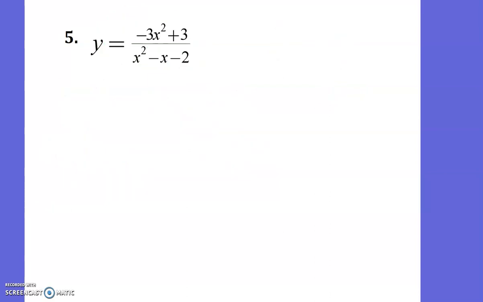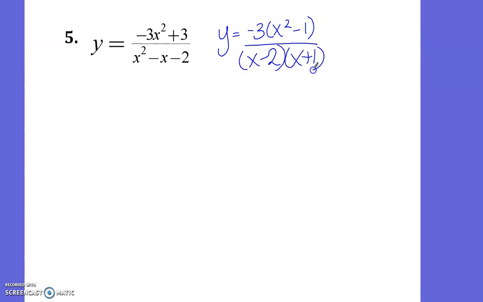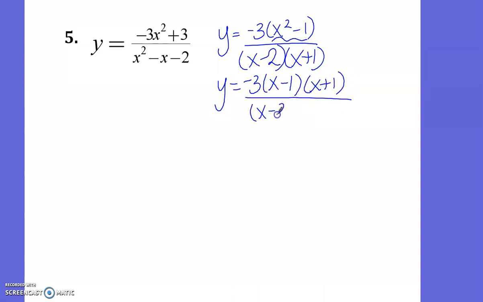Okay, so for this one, I am going to start factoring. So I'm going to take out a -3. And then I'm going to factor this trinomial. This is a difference of squares I can continue to factor. Okay, I'm completely factored.